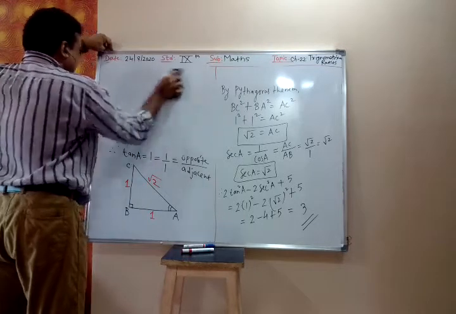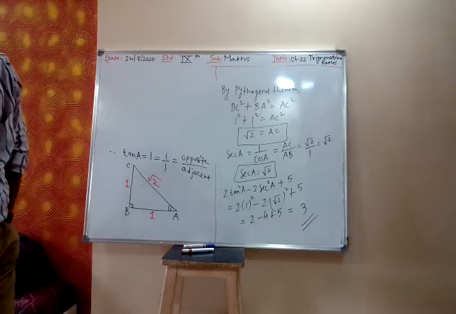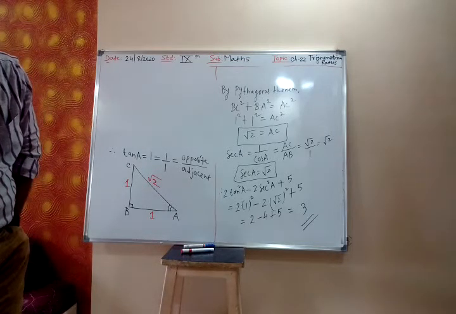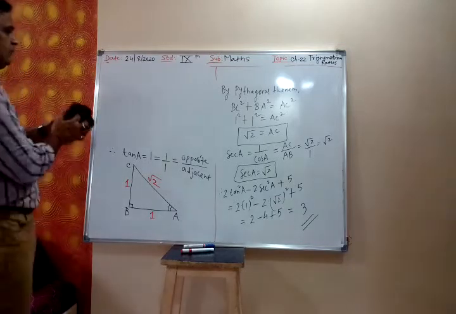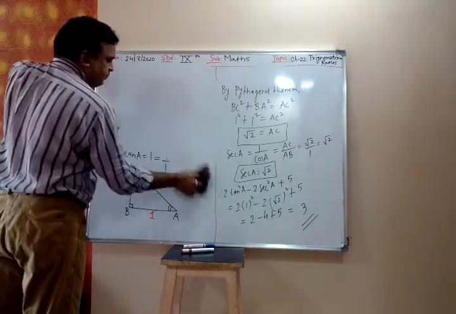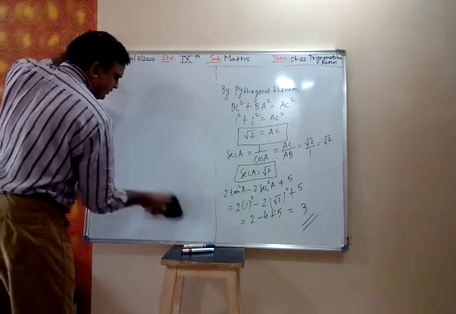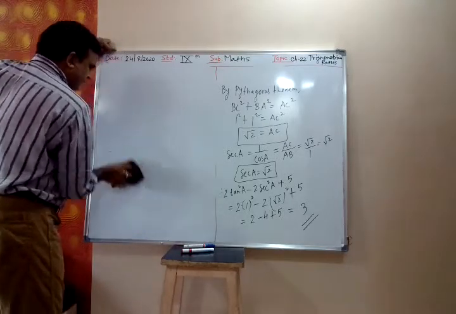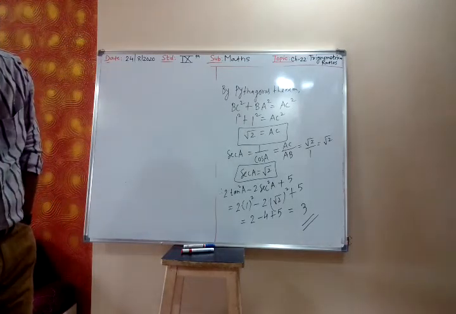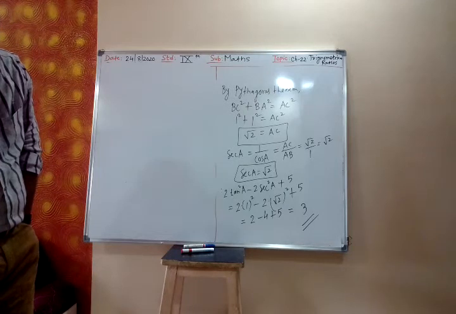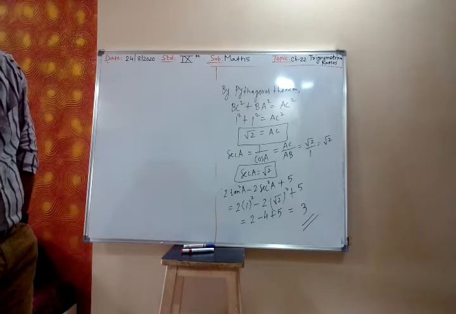Now 23rd you omit, 24th. See, 24th is important. Only one beginning part I will do. 23rd is omitted, 24th, 25, 26 is omitted, 27, 28, 29, 30.